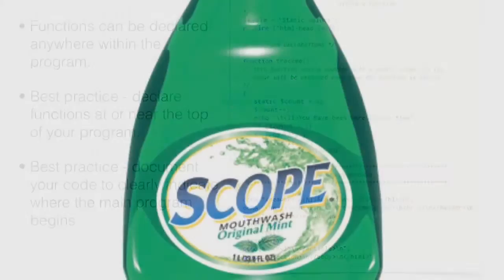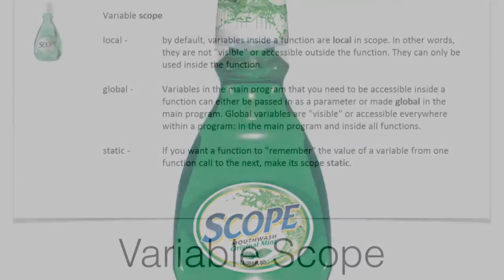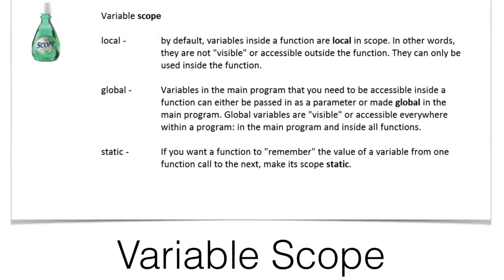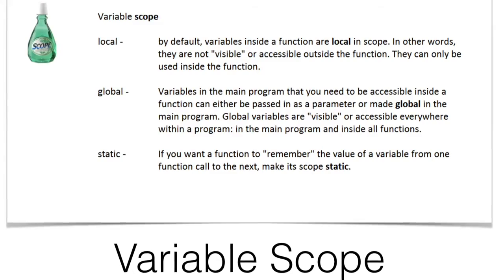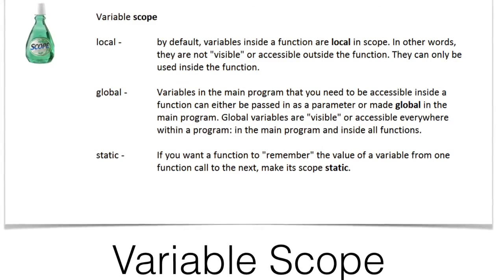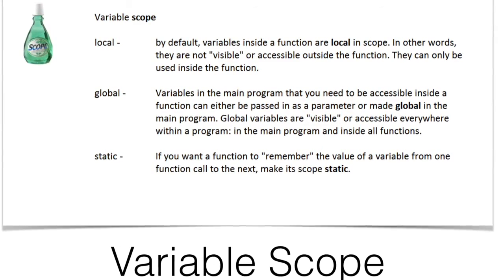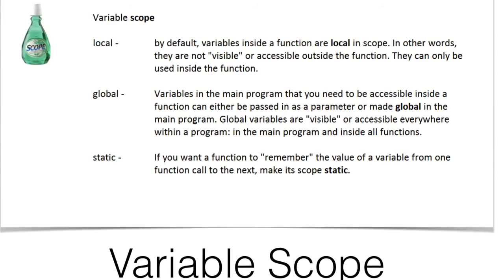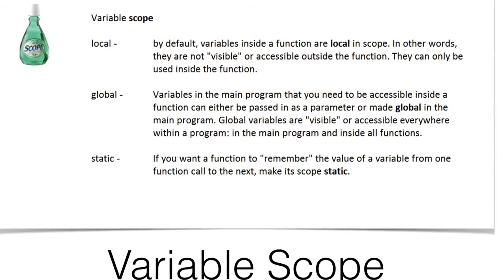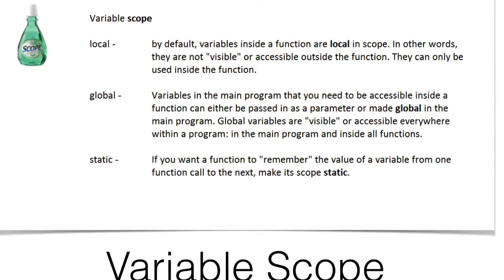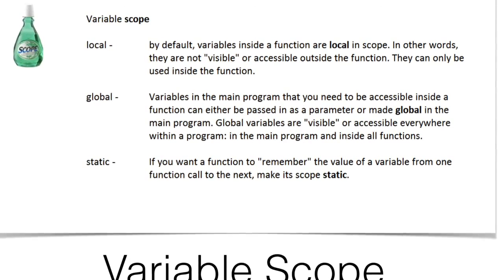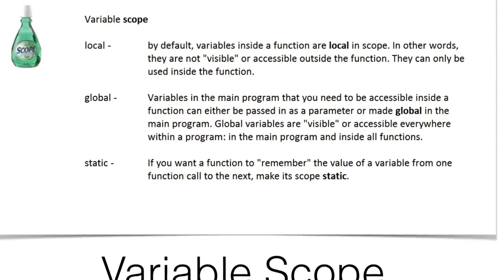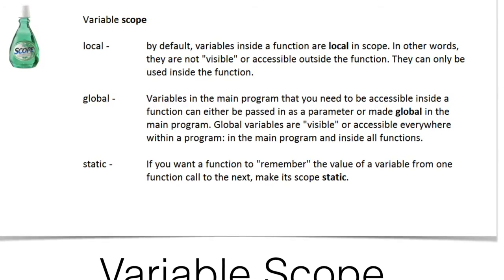Let's talk about scope. No, not the mouthwash. Variable scope. We're going to look at three different types of variable scope. Those three scopes are variables can be either local, global, or static. By default, when you declare a variable inside a function, it is going to be local in scope.